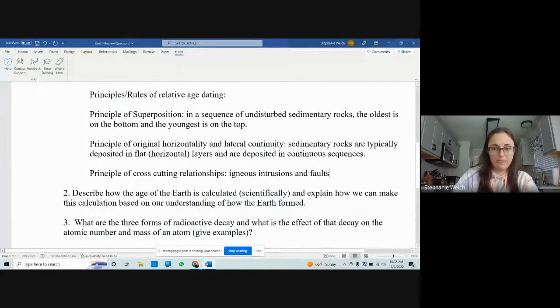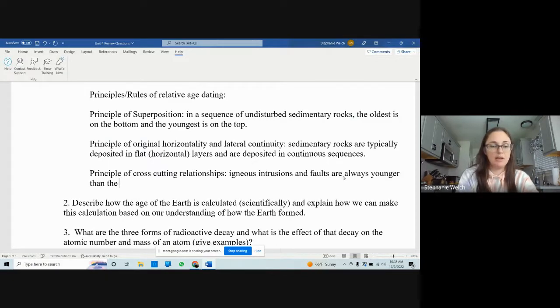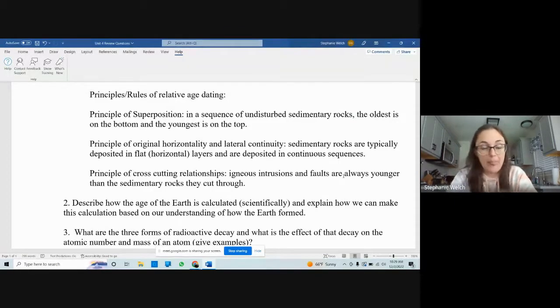So igneous intrusions and faults. A fault is just a break in the rock. Both are always younger than the sedimentary rocks they cut through. So the principle of cross-cutting relationships: anything that cuts through a pre-existing sequence of rock has to be younger.